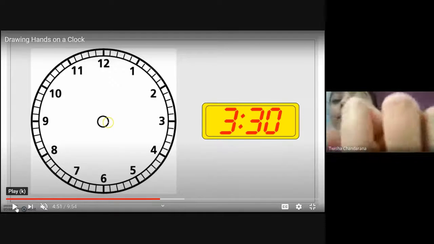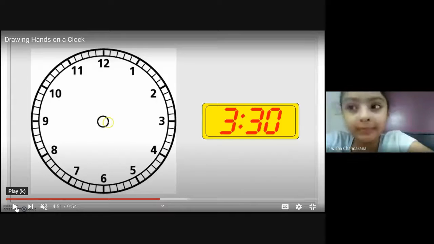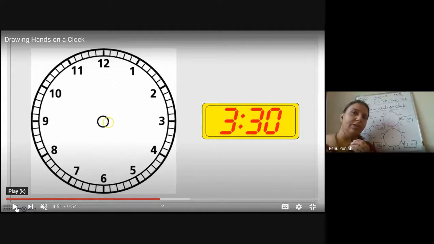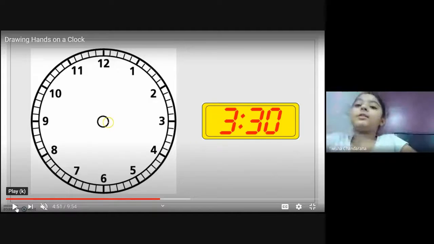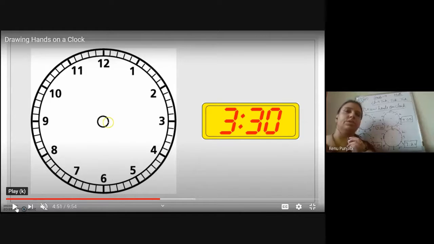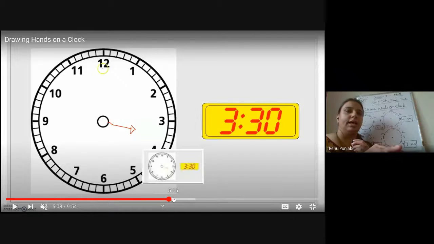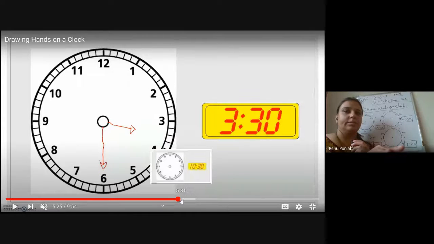But will the short hand be exactly on 3 or in between 3 and 4? A bit closer to 4. Yes, closer to 4. Thank you. It's closer to 4, and the minute hand will be exactly on 6.